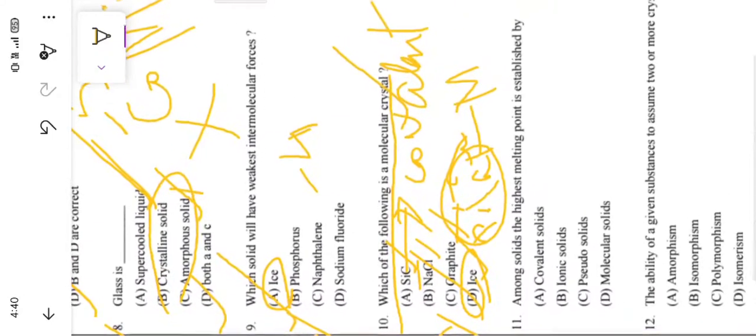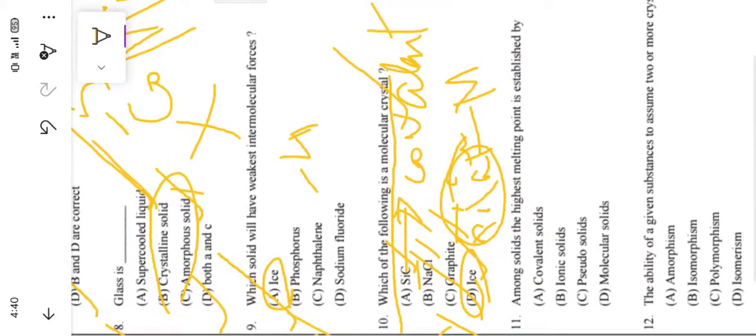Among solids, the highest melting point is shown by, okay, highest melting point. Oh, it is ionic, ionic has the highest melting point.